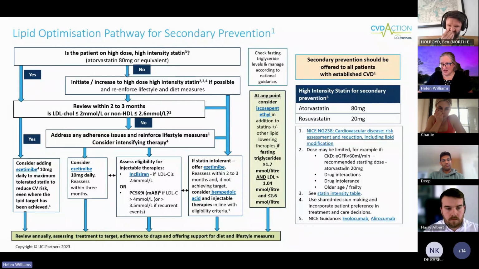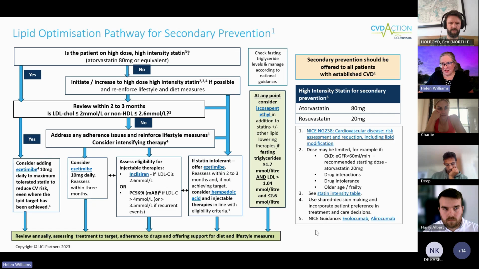So, links to the NICE guidance, as you can see, the statin intensity table, all of the drugs underlined in the resources link to their SPC, if I remember rightly. Or no, sorry, they link to the individual NICE technology appraisal. And there's 2 for the PCSK9 inhibitors.